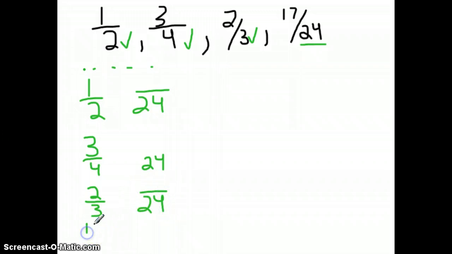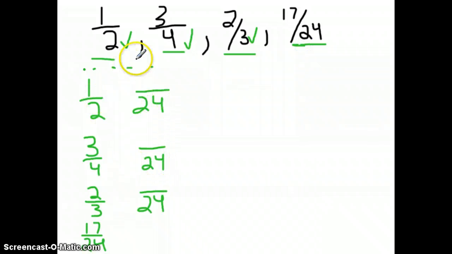And the last one, 17 over 24, do I have to change the last one actually? This is already in 24ths, right? So I can actually just keep this one the same. You go ahead on your own real quick and see if you can figure out what each of these first 3 is in 24ths, and then go ahead and try to order these fractions as they are at the top.